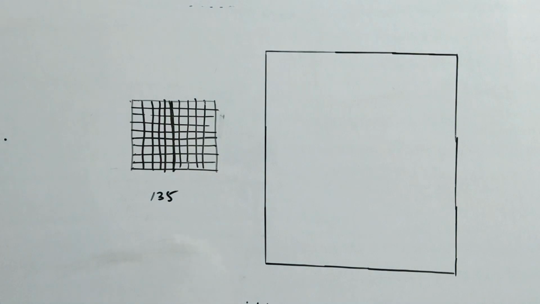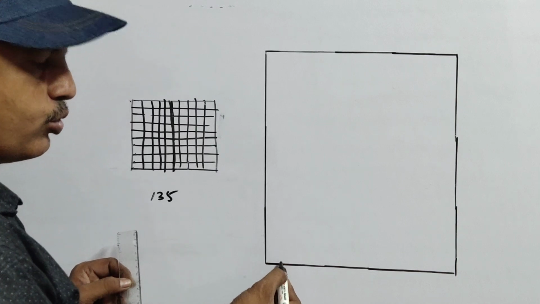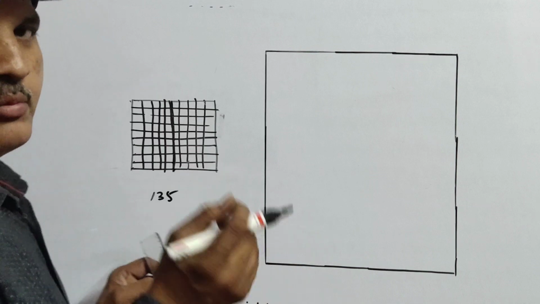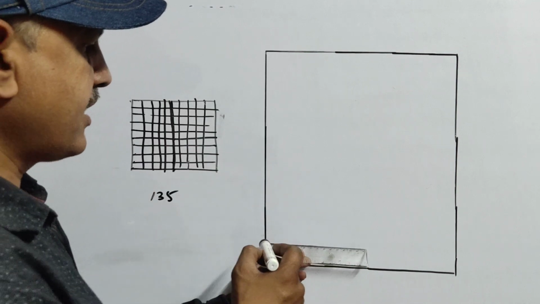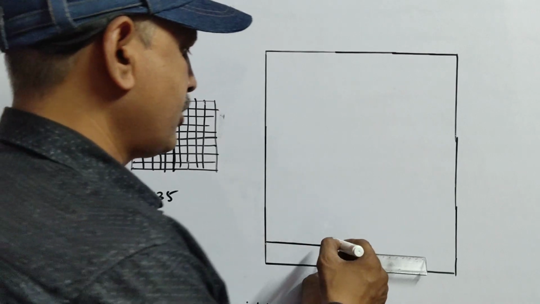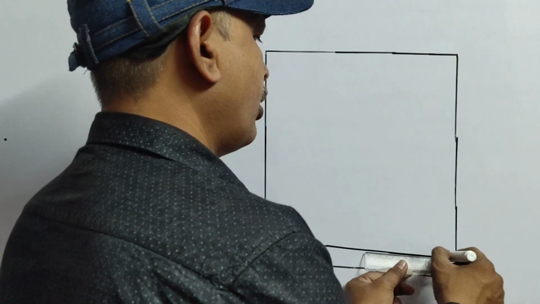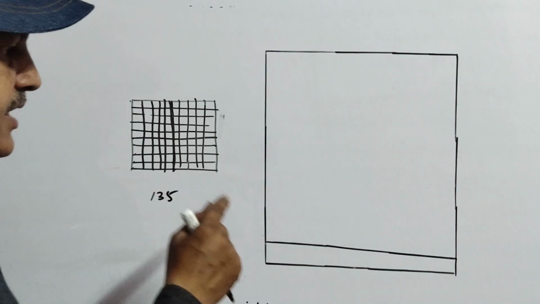Now, how to draw the graph for the given question? First, it is better to leave two lines, two blocks from the edge, or 1 block is also no problem. Exactly on the green or red line, you draw a straight horizontal line. That means you are drawing the x-axis.